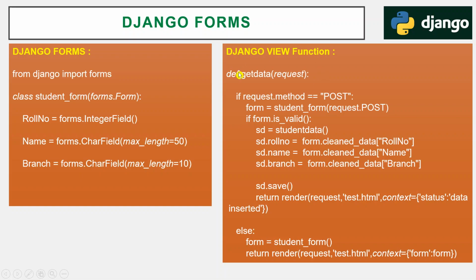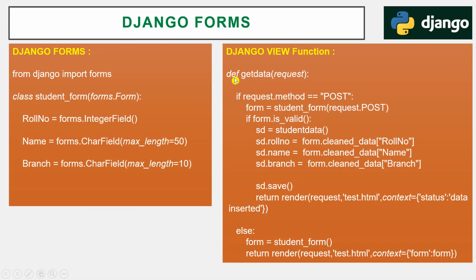Let us discuss it. We will create one Django view function here. Besides this code, I am taking it for granted that all the URL mappings and the necessary imports were done by you.